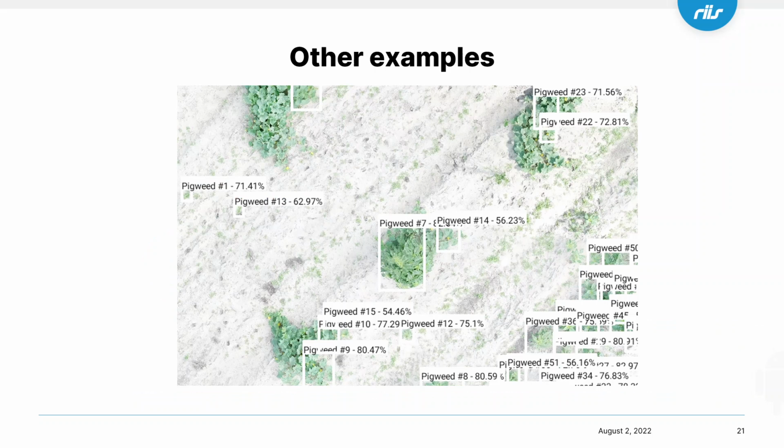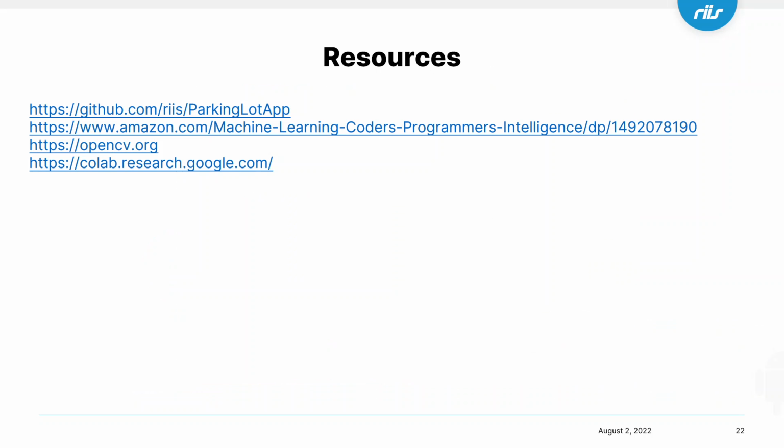So our object detection was looking at all of the field and detecting where pigweed is and where mare's tail is, and then the sprayer would come along later with the coordinates and spray exactly where it needed to. So it's much more environmentally friendly, and saves money on the spraying as well.